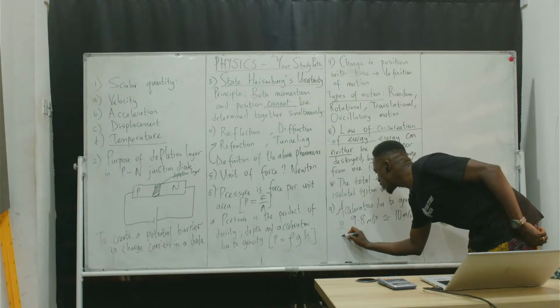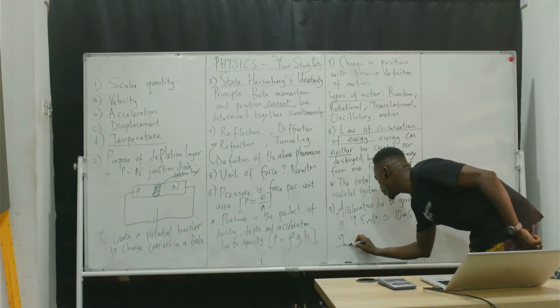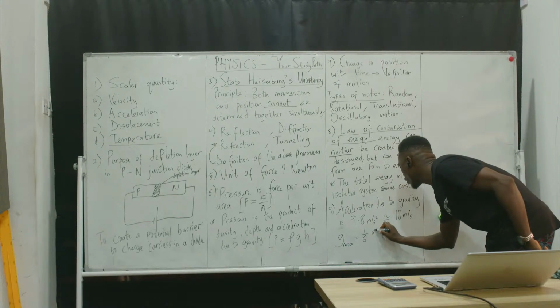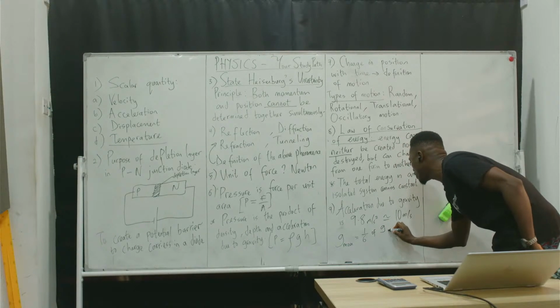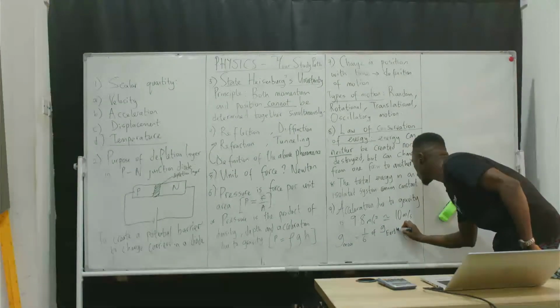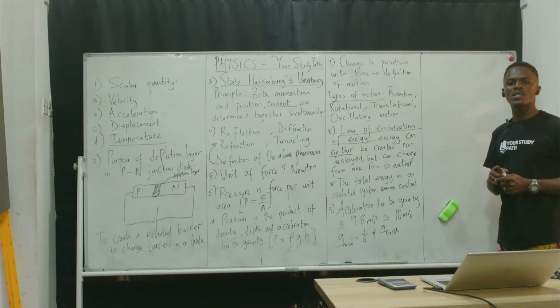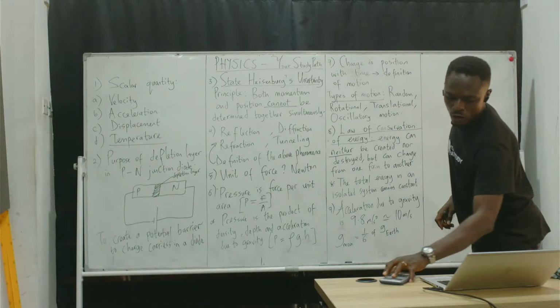So we said that what? G on the moon is equal to 1/6 of G on the earth. Note, G on the moon is 1/6 of G on the earth.